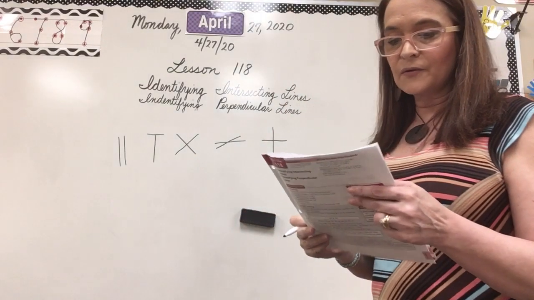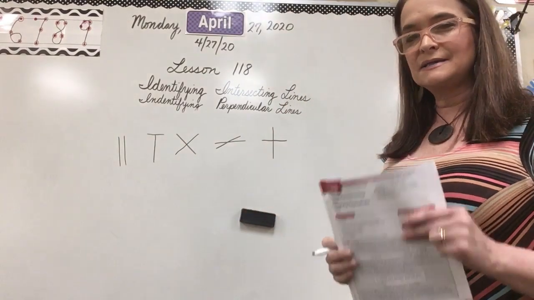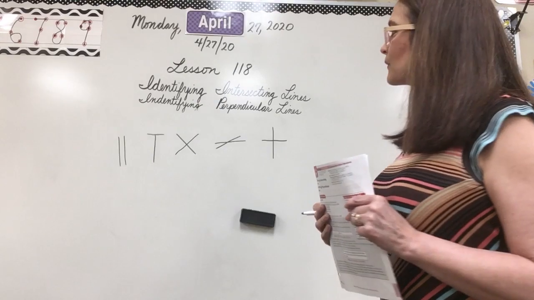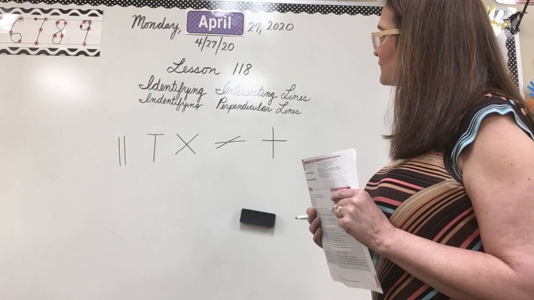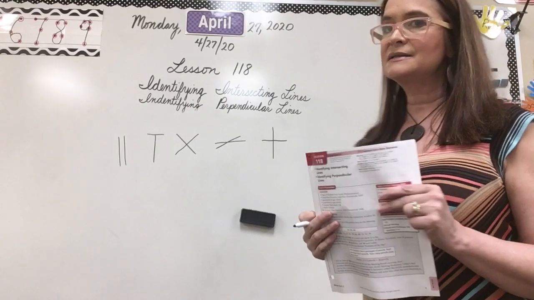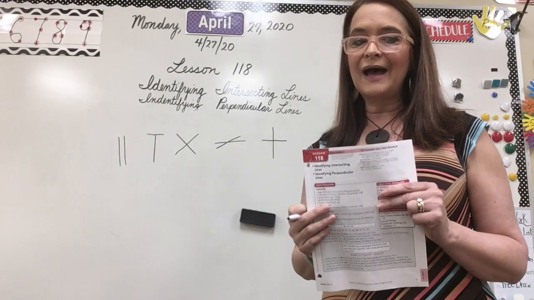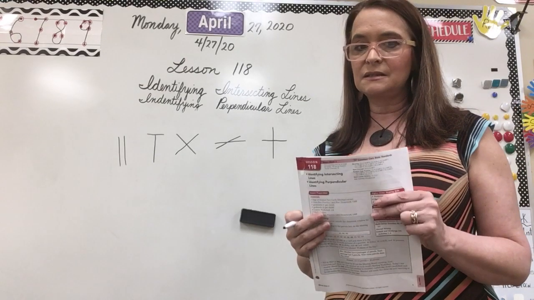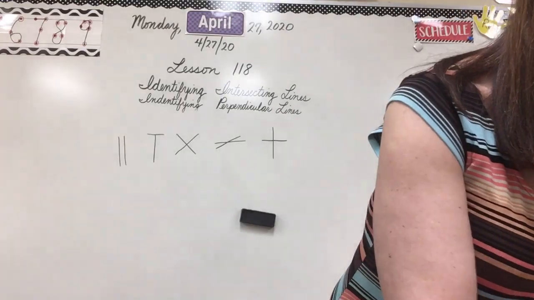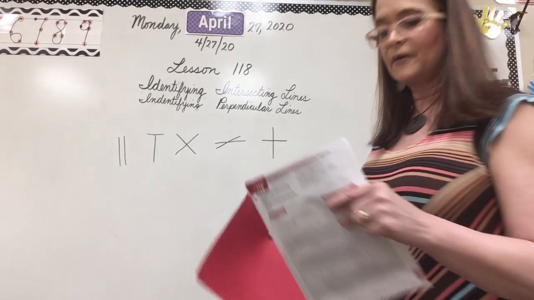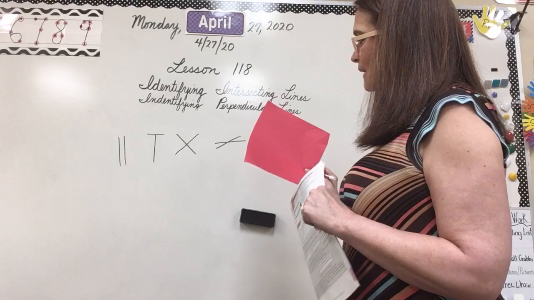And it says circle the perpendicular line segments. Now remember, perpendicular line segments have to be intersecting lines, and they have to form a right angle where they meet. So if I'm still not real familiar about perpendicular line segments, I may use my piece of paper.